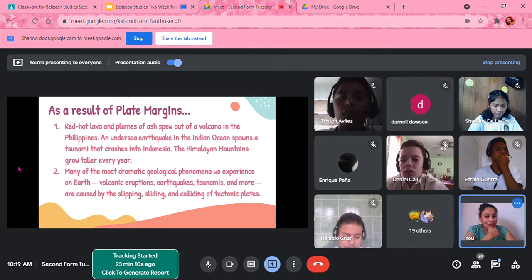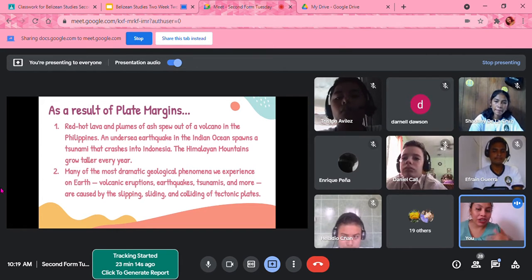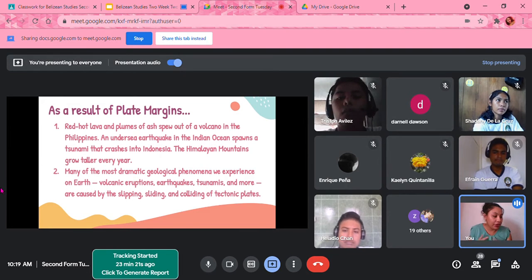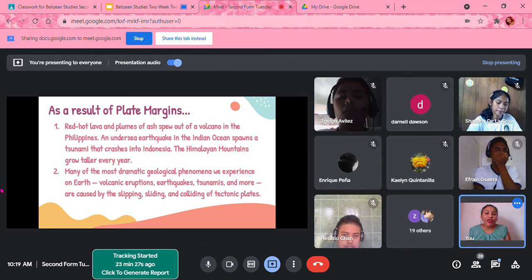Now, as a result, we're going into what we really want to know. We have these plate margins, we have these movements that are happening, transform, converging, diverging, but if that is happening underneath the crust, how does that affect what is happening on the outer layer of the crust?